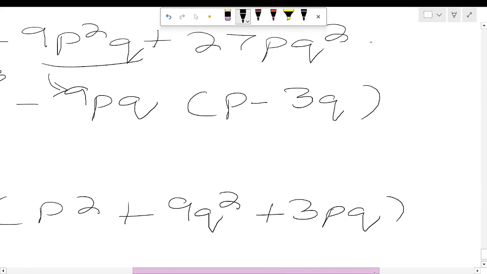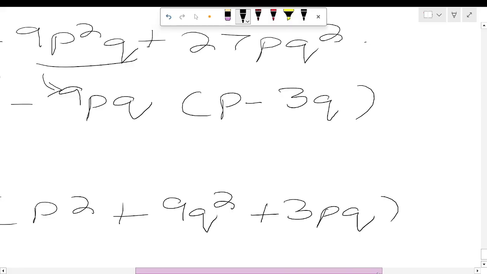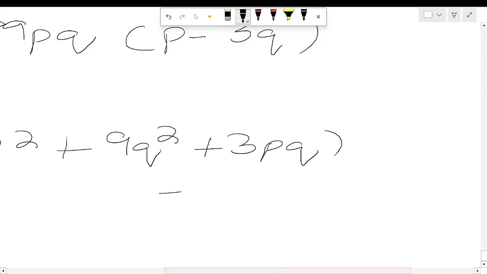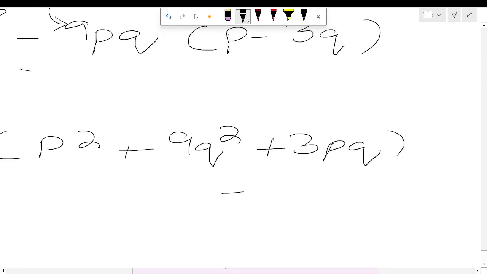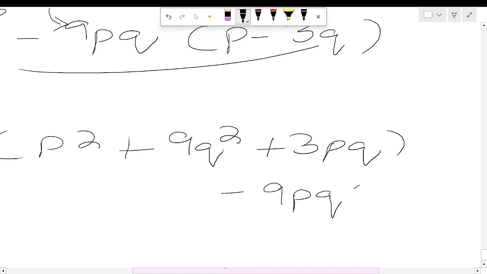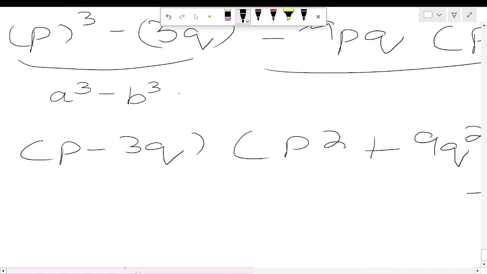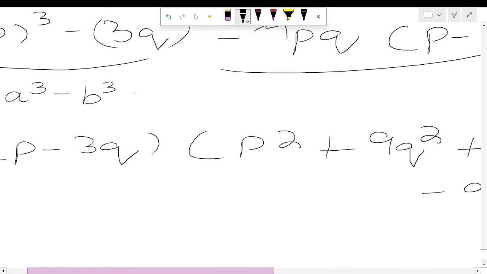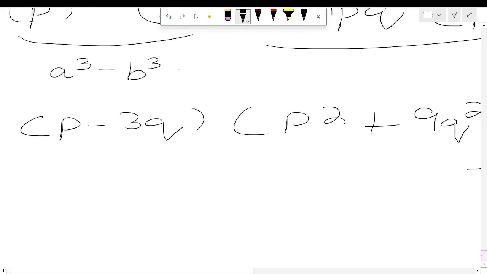Now what do I need to do next? Yeah, I'll just write this part which was 9pq, this above part. So I'll just write 9pq bracket p minus 3q as the same. Now look here, we have p minus 3q and here we also have p minus 3q. So we'll take it as a common value.